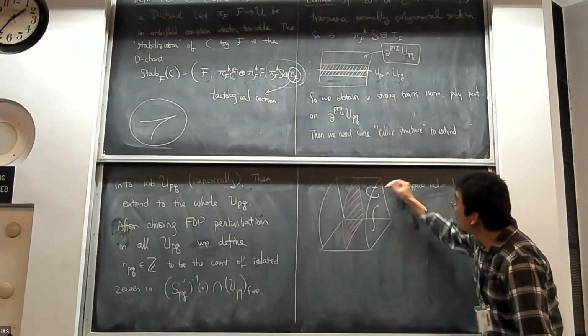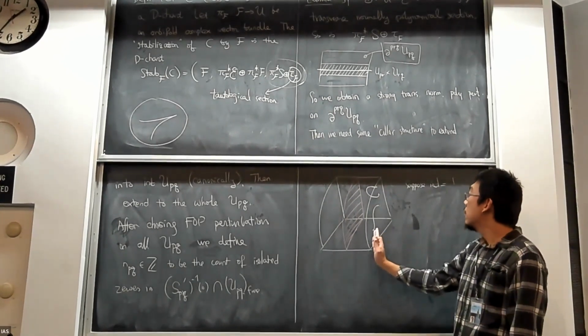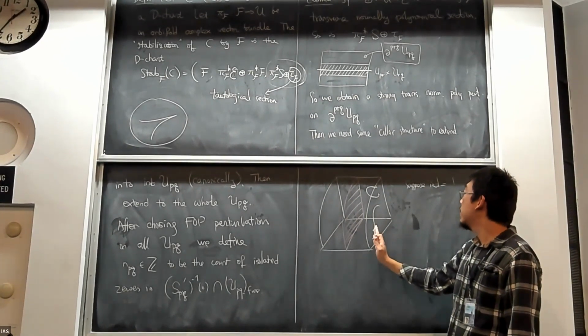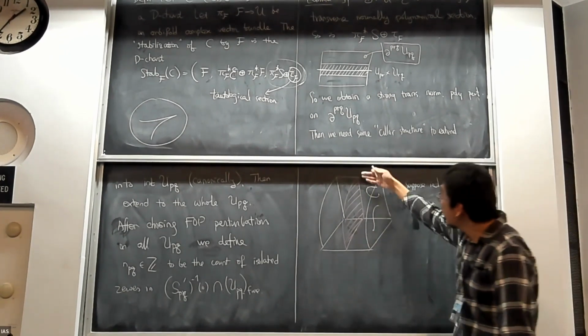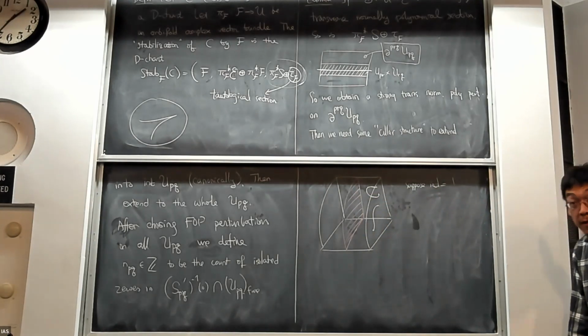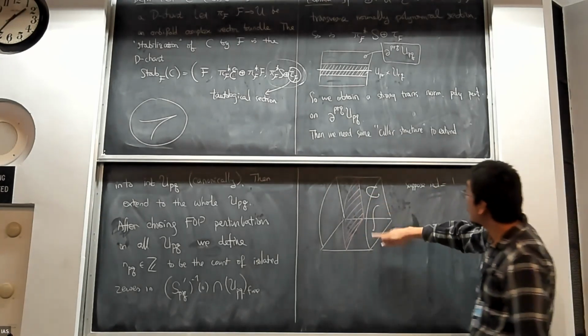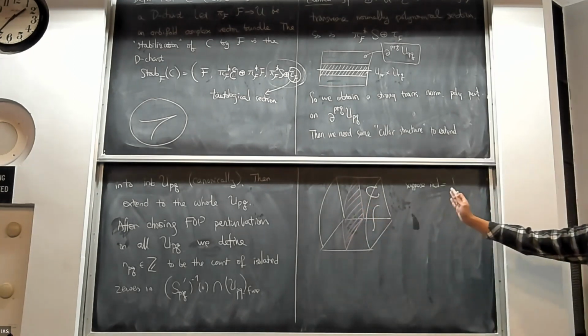But the FOP perturbation scheme tells you that the limit of the free part of the zero locus in the fixed point locus has codimension 2 or higher. So in this case, those curves will not intersect this red region, will not touch this region.